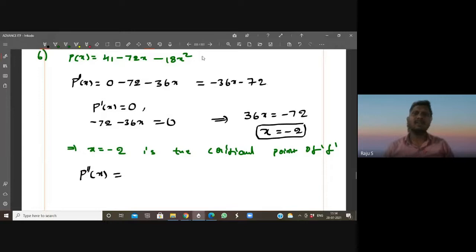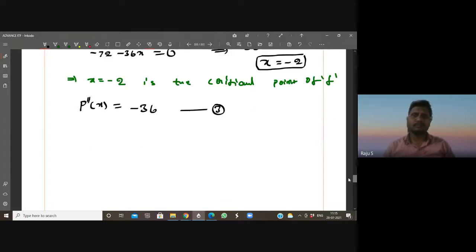Again differentiate. Differentiate equation 1 with respect to x, we get equation 2. Differentiate equation 2 with respect to x, we get equation 3. So at the critical point x is equal to minus 2, what is p double dash of minus 2, students?